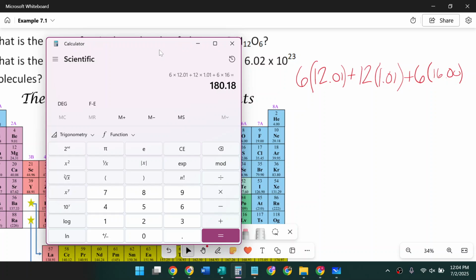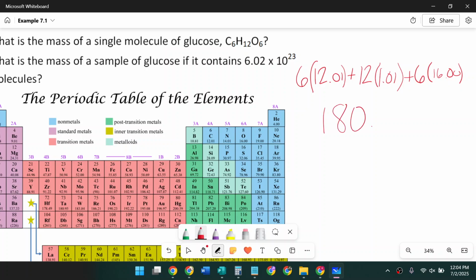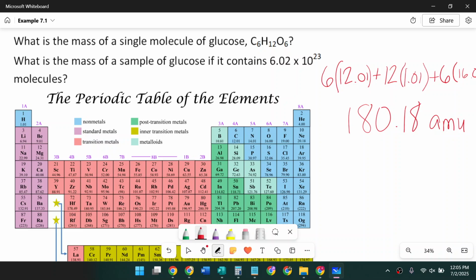All right, so we get that this answer is 180.18 AMU, and that's atomic mass units. So that's the answer to the first question. What is the mass of a single molecule of glucose? It's 180.18 AMU.